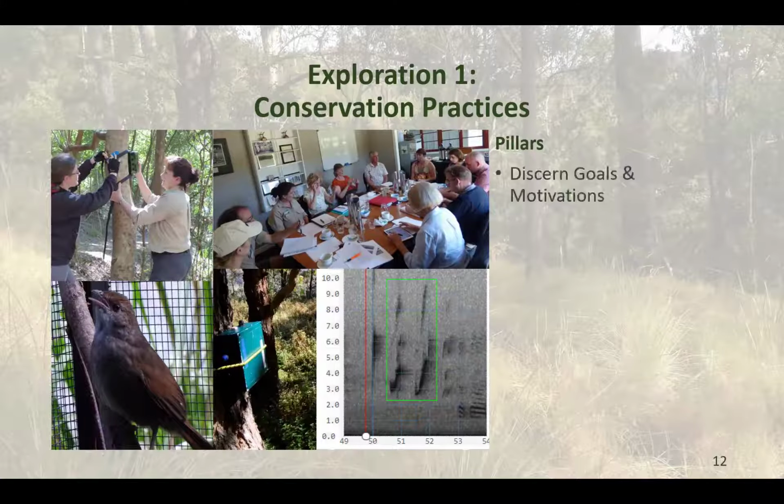So, the pillars that came out of this: it's super important to understand and discern the goals of all of the different stakeholders involved in that team, because they don't all have the same knowledge, they don't all have the same motivations, but it's really important that you can figure out where the tensions and the uniting aspects align. And we also learned that they have some knowledge, but they need tools to support improving those skills.